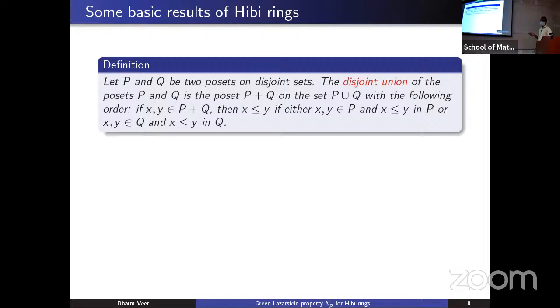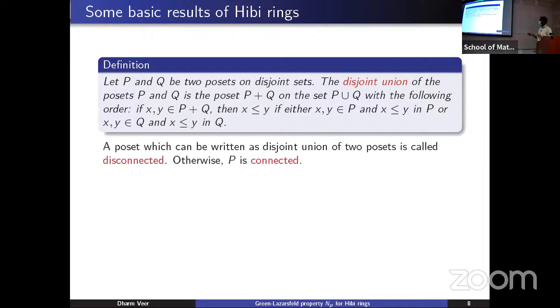If x, y belong to P plus Q, then x is less than y if either x, y belong to P and x is less than y in P, or x, y belong to Q and x is less than y in Q, right? So any element of P will be incomparable to any element of Q. And if a poset can be written as a disjoint union of two posets, we call that poset disconnected. Otherwise, we say that the poset is connected.